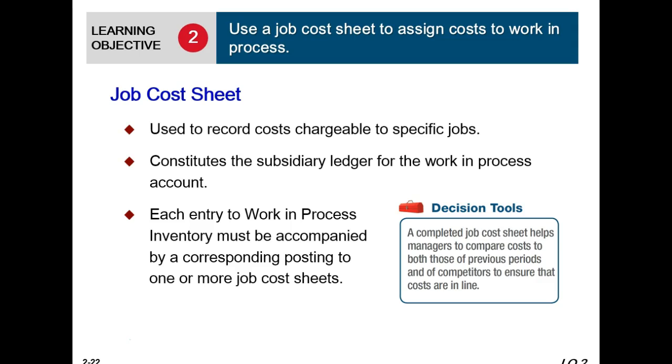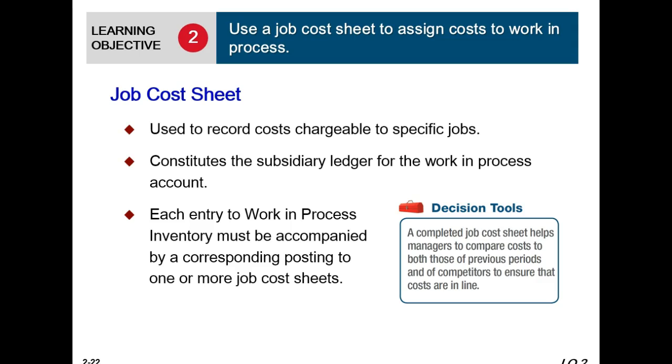We often use a job cost sheet to request products. We record the cost chargeable to specific jobs. Each entry to work in process inventory must be accompanied by a corresponding posting to one or more job cost sheets.